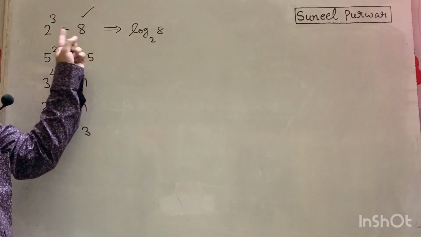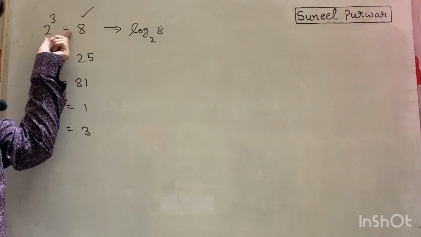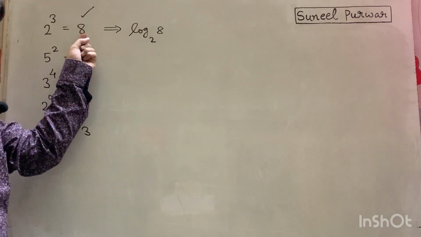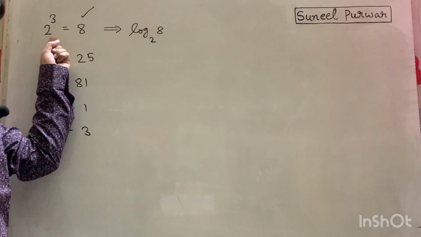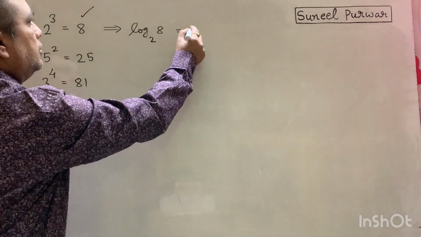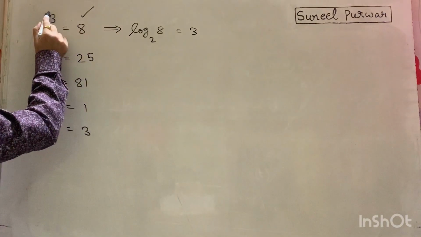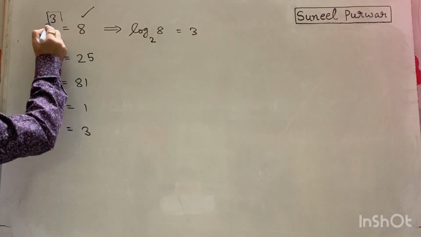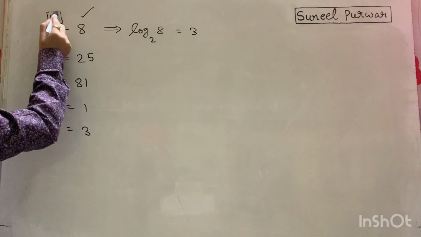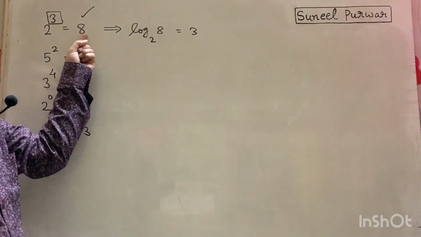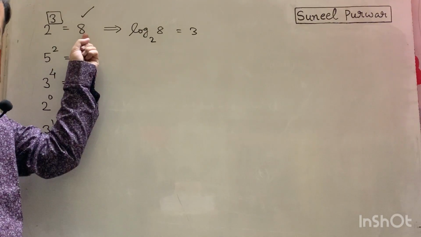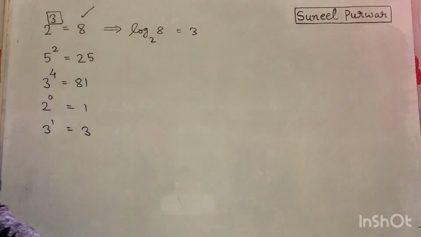So 2 power 3 is equal to 8 means log of this number 8 at the same base as that of exponential, is equal to 3, this number. This number 3, which is the exponent, is the value of log of 8 at the base of 2.